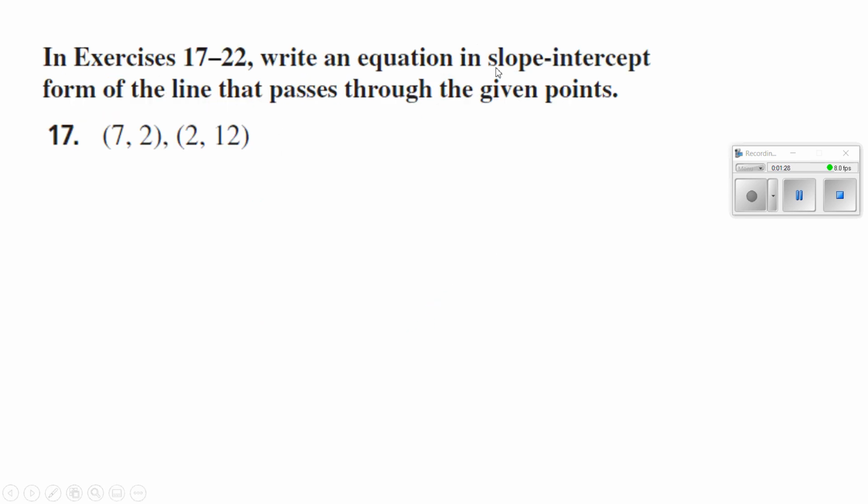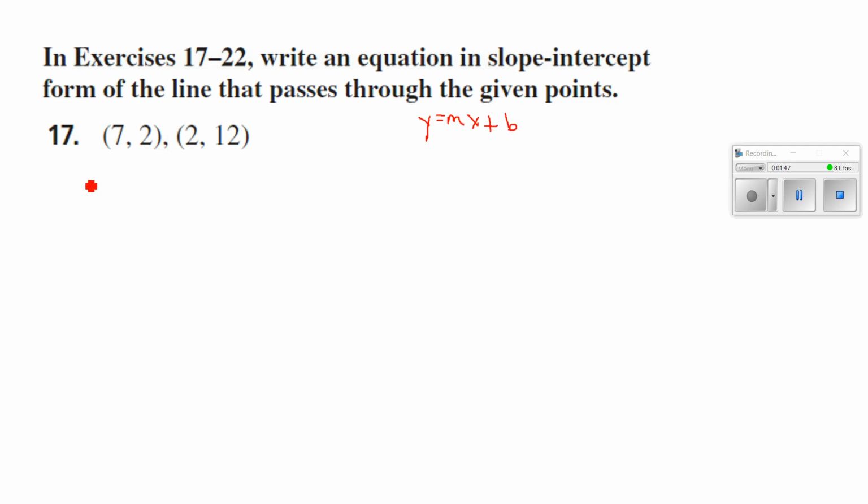It says write an equation in slope-intercept form of the line that passes through the given points. This time we're talking slope-intercept form, which is y equals mx plus b. To do this, I'm going to have to find m, which is my slope.